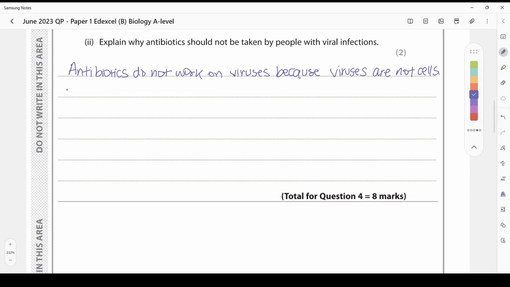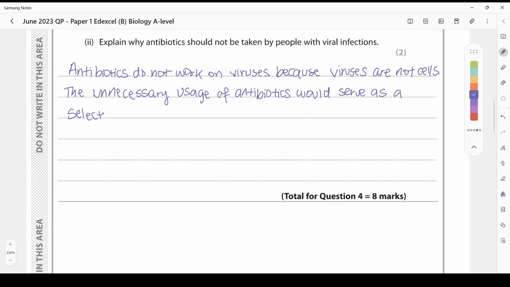And the other mark is the unnecessary usage of antibiotics serve as a selection pressure causing the increase in antibiotic resistant bacteria.